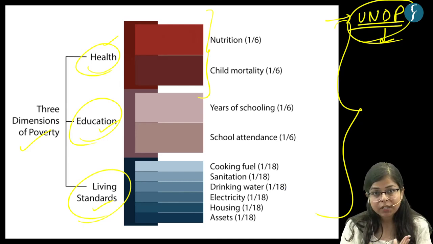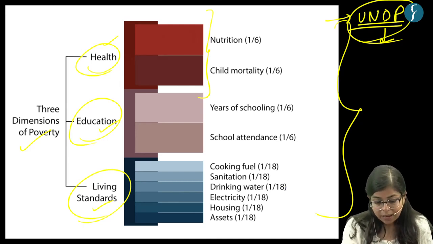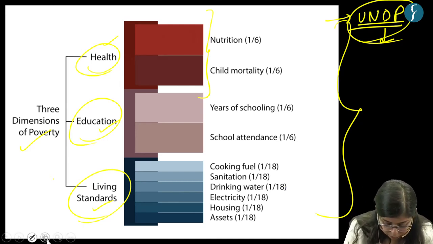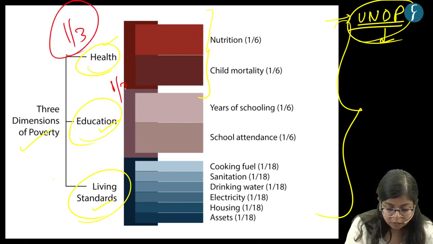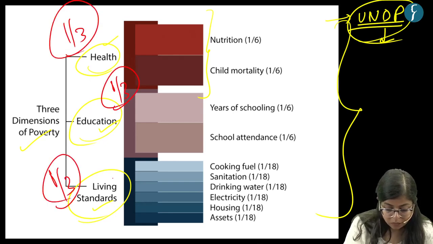So these are the weighted indicators, and these dimensions have been given equal weightage of 1/3, 0.33.